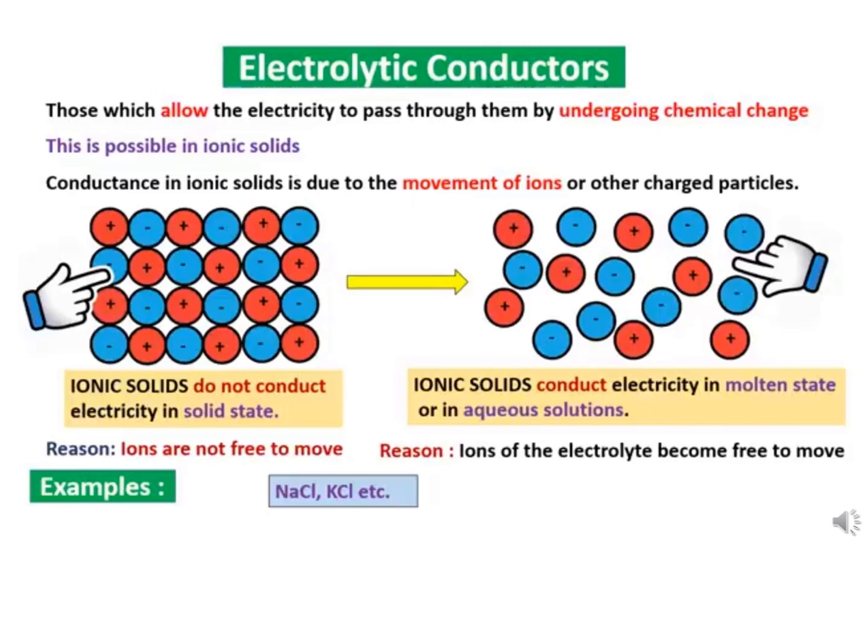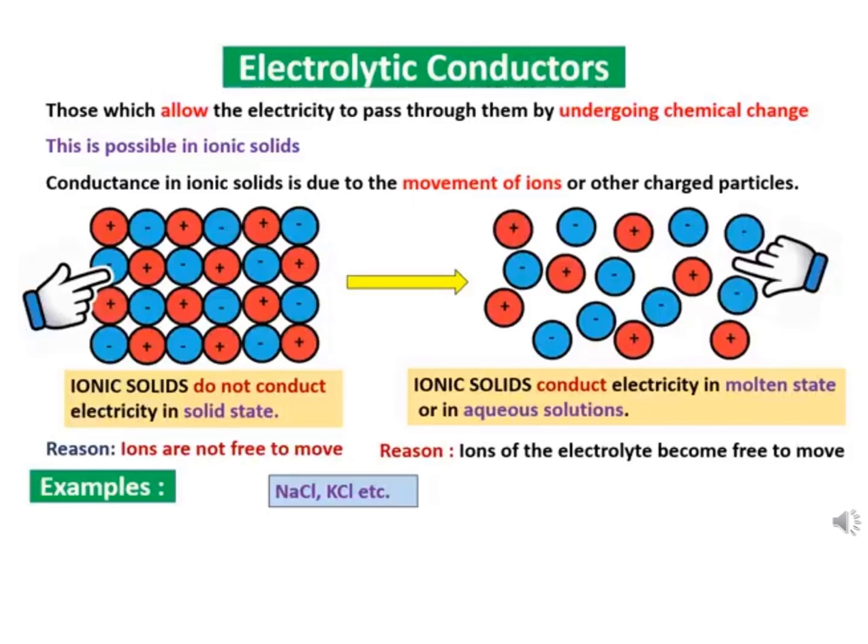In the figure, on the left side, ionic solids in solid state will not conduct electricity, but on the right side these charges are in free form. So ionic solids can conduct electricity in molten state or in aqueous solution.